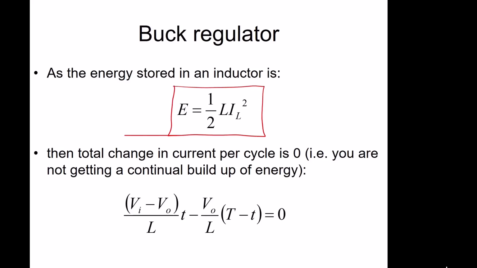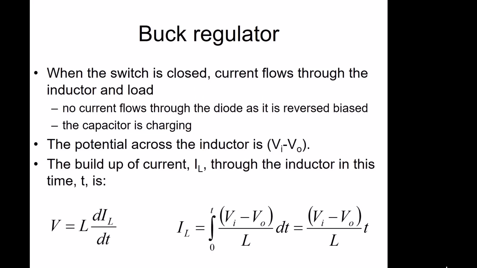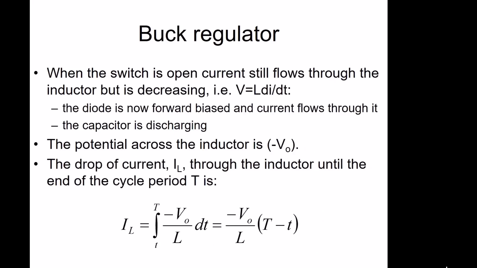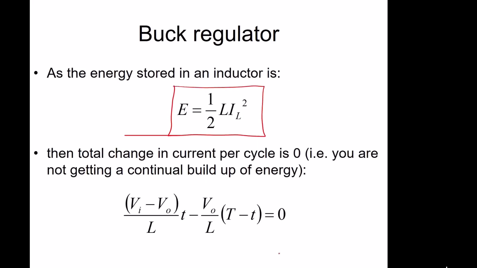Over the first time cycle, the energy change is this, or the current is this, which corresponds to a certain energy. And then the current change in the next part of the cycle is this, which corresponds to a certain change in energy. And over one complete cycle, the energy change has to be equal to 0. You cannot be getting a buildup of energy in this.